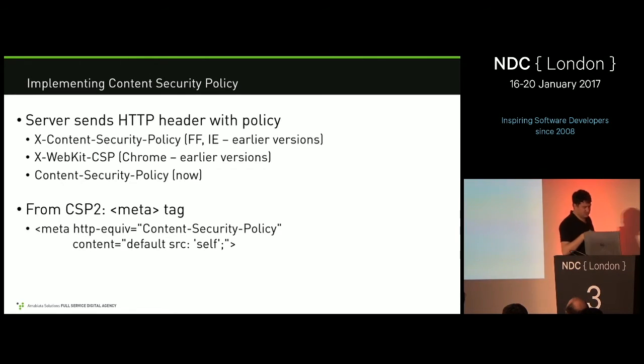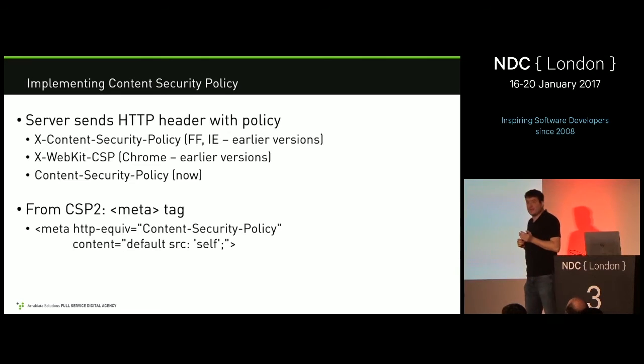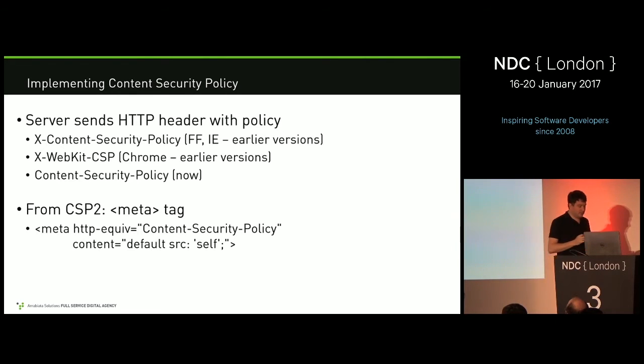If you see some blog posts or documentation with one of the older headers, that usually means that the documentation is outdated. One of the interesting features of content security policy version 2 is that in those cases where you cannot easily inject HTTP headers in the response from the server, you can also use a meta tag.